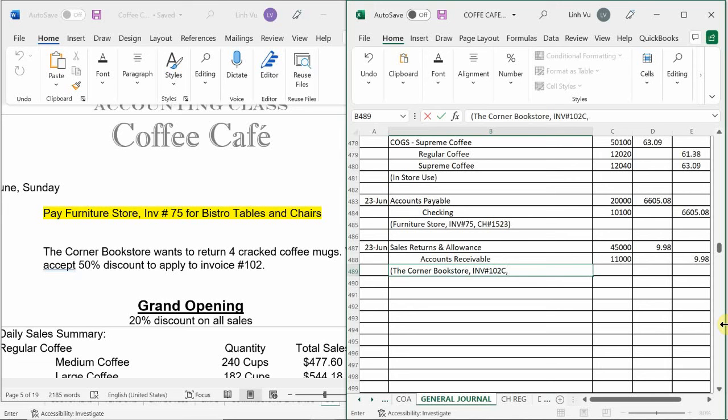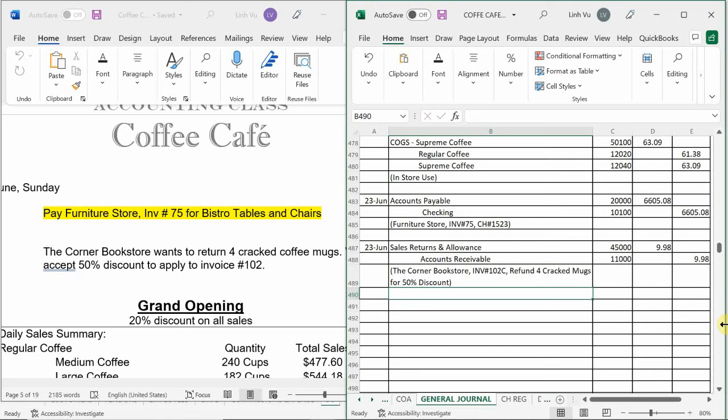And you can also put the reason. Refund for cracked mugs for 50% discount.